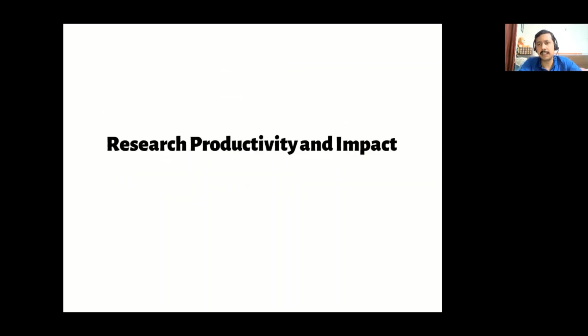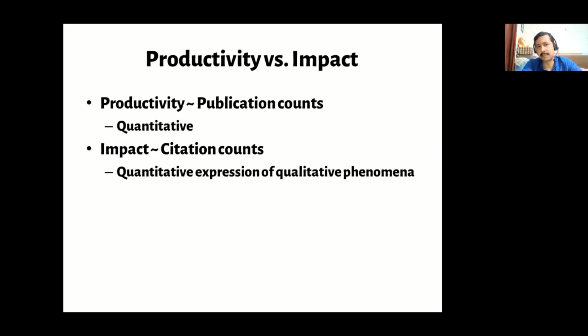Research productivity and impact are two matters of concern for any author, any researcher who wants to publish the findings of research. In simple words, productivity in research and publishing is measured in terms of the number of publications made by an author.